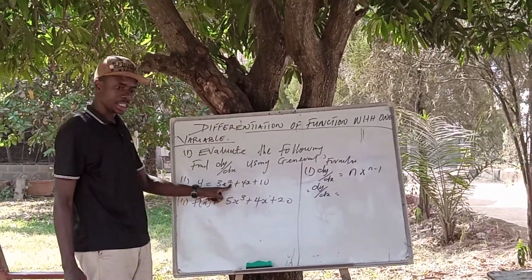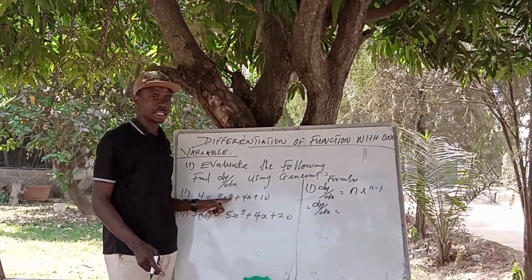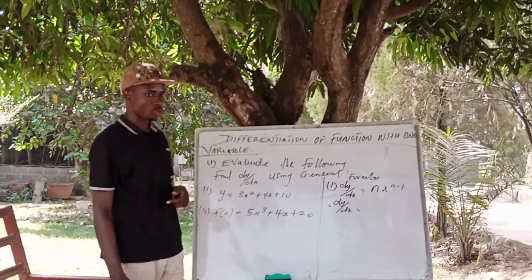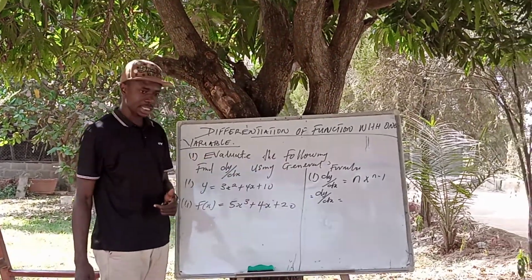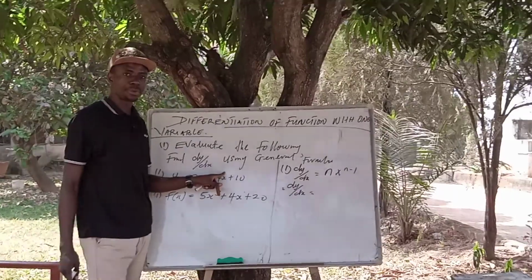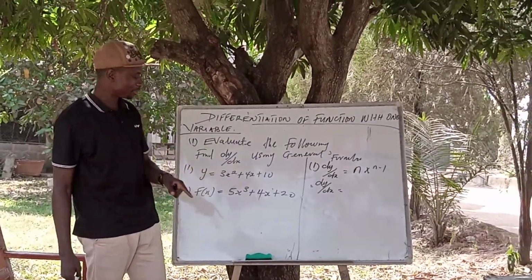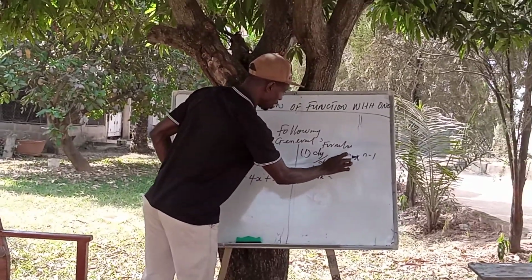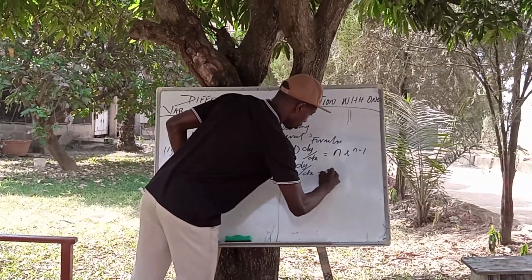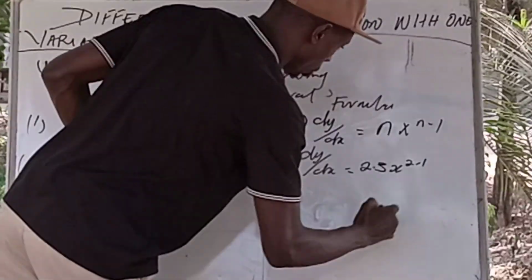My n here is the power, and the power here is 2. So any place I see n, I put 2, and then I put 1 in the second step. Therefore we have 2 times x raised to power 2 minus 1.